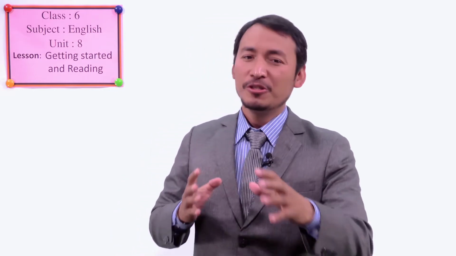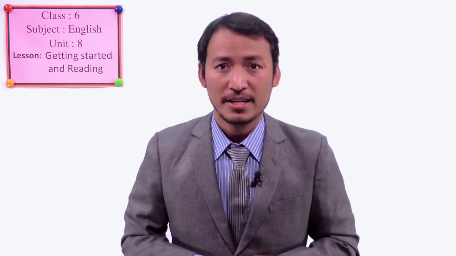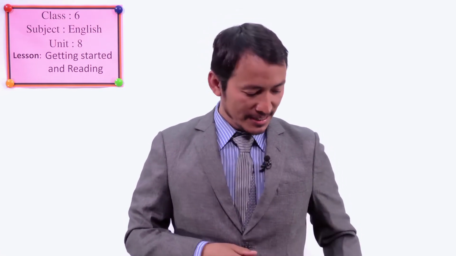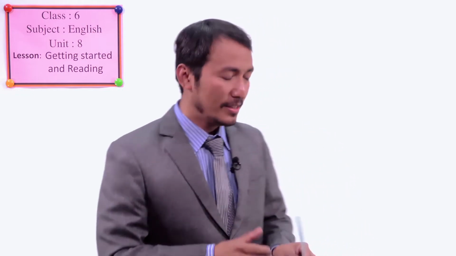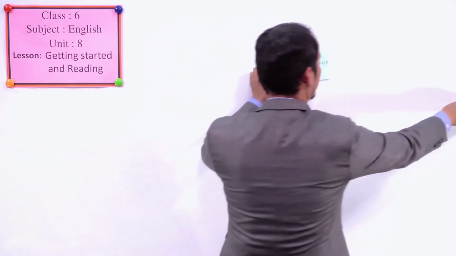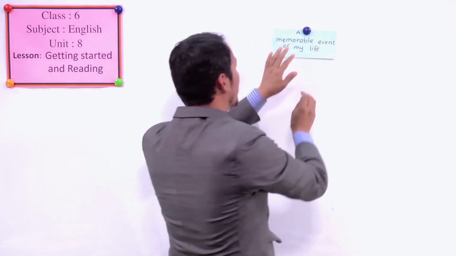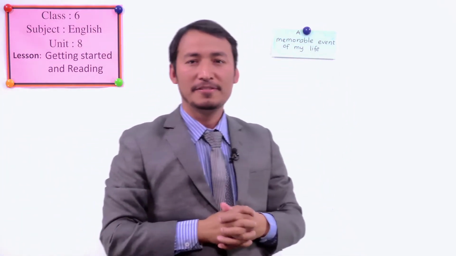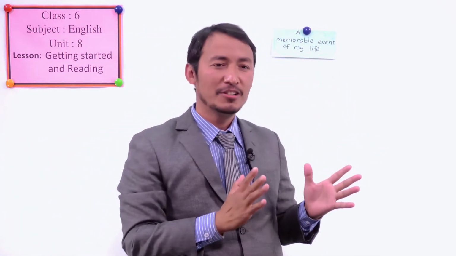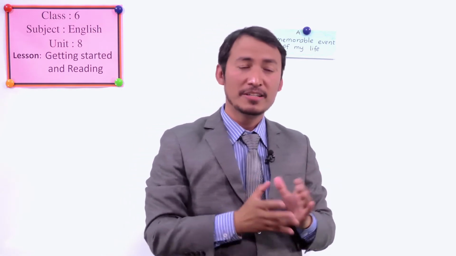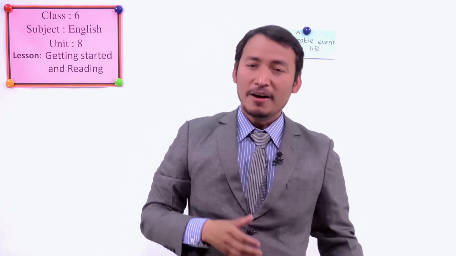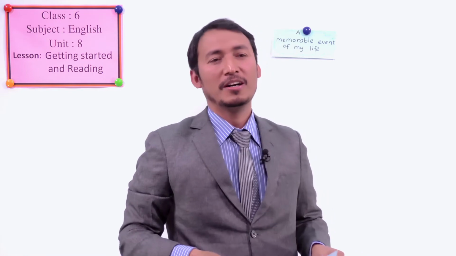Okay, so I'm going to help you how to talk about your memorable event now. This is your exercise. So let me show you some examples. Okay, we are talking about a memorable event of life. This is our task to do. Now I'll help you how to talk about it.